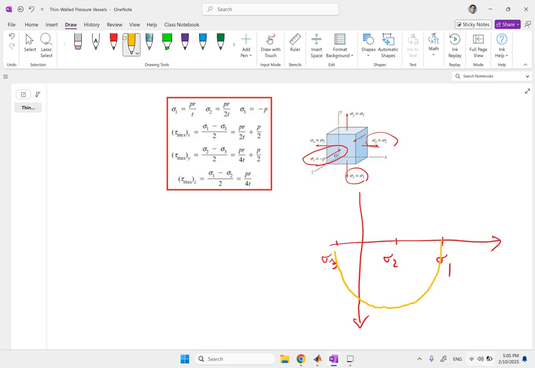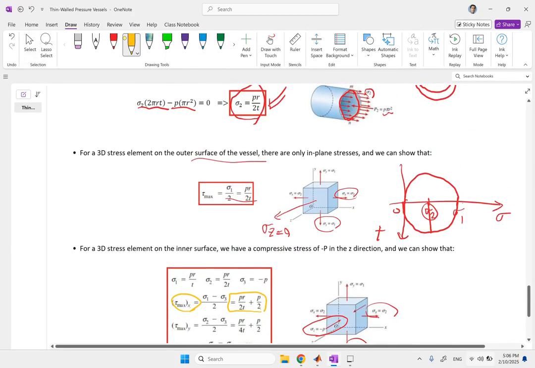That's this one. If you want the tau max, the absolute biggest one, it is going to be equal to the radius of this, which is sigma 1 minus sigma 3 divided by 2. This is the maximum potential tau that you would get anywhere inside the cylindrical tank, but outside it's just PR over 2T.